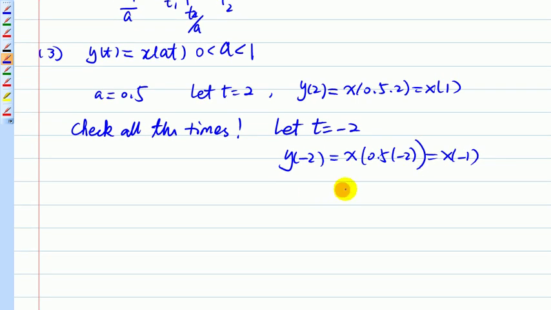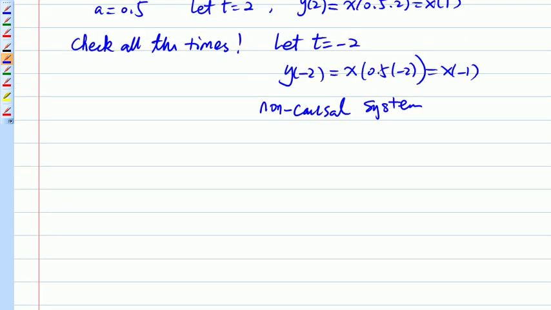Apparently, the time -1 is the future compared to t at -2. So this is a non-causal system, and you can provide a case showing this. As a matter of fact, you can also show this graphically. Let's say this is x of t here.